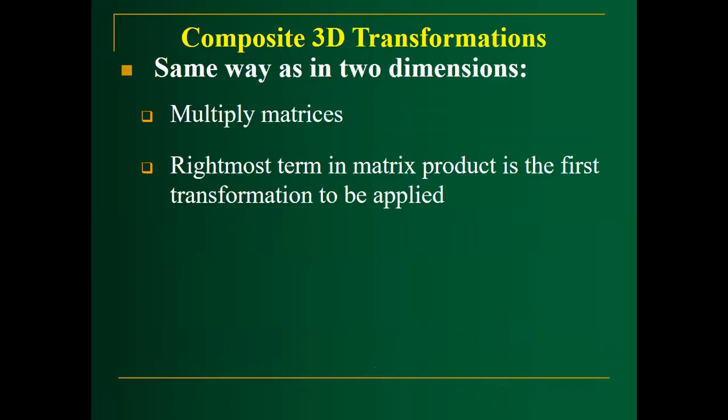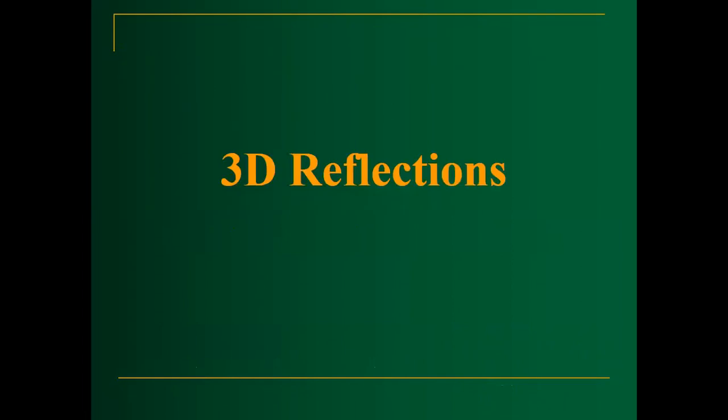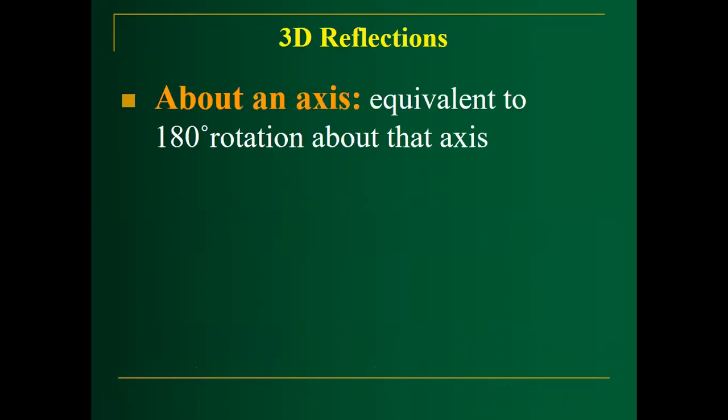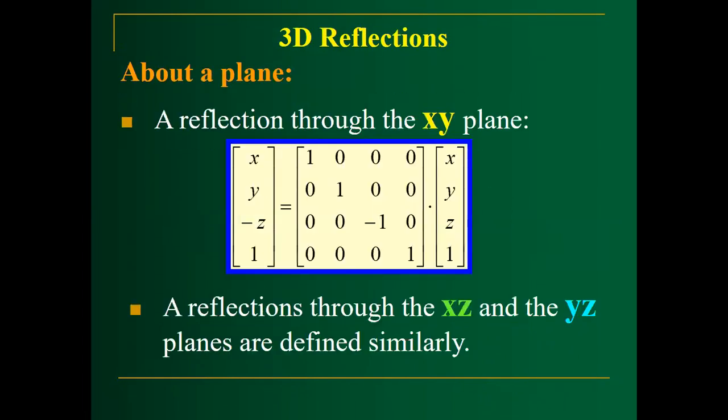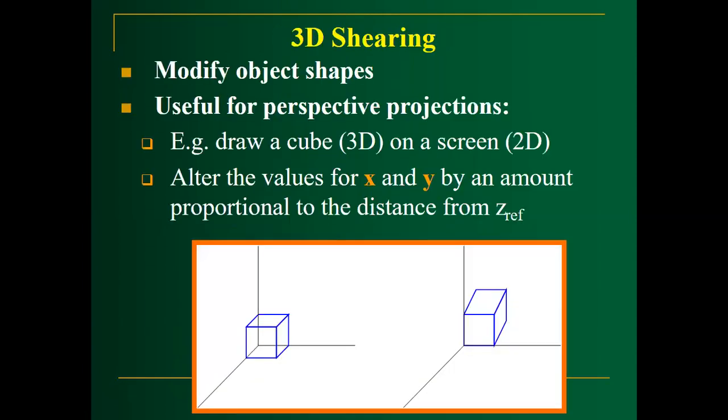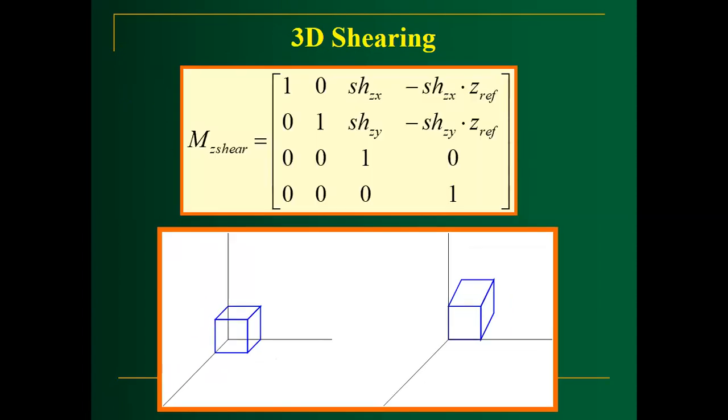Next one is composite, that is, you can mix and match. The reflection is to mirror the object. This is the equation. Shearing, that is, pull the faces of an object. So this is how the equation looks like. These are all pretty much straightforward.